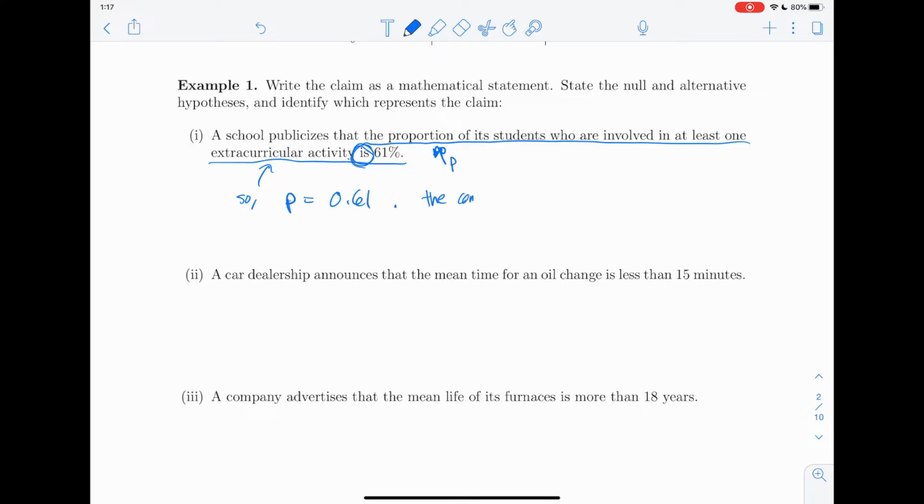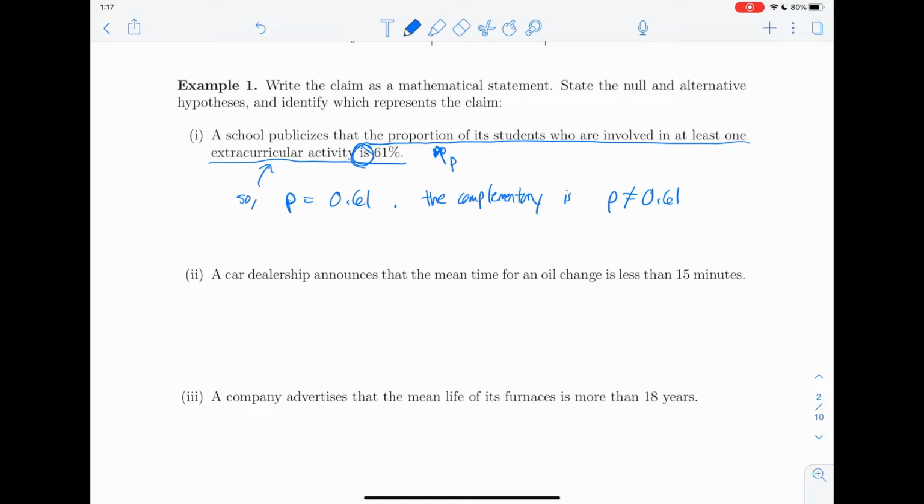The complementary, or the opposite statement, is of course p is not equal to 0.61. So now we need to take a look at these two claims and label one the null hypothesis and label one the alternate hypothesis.